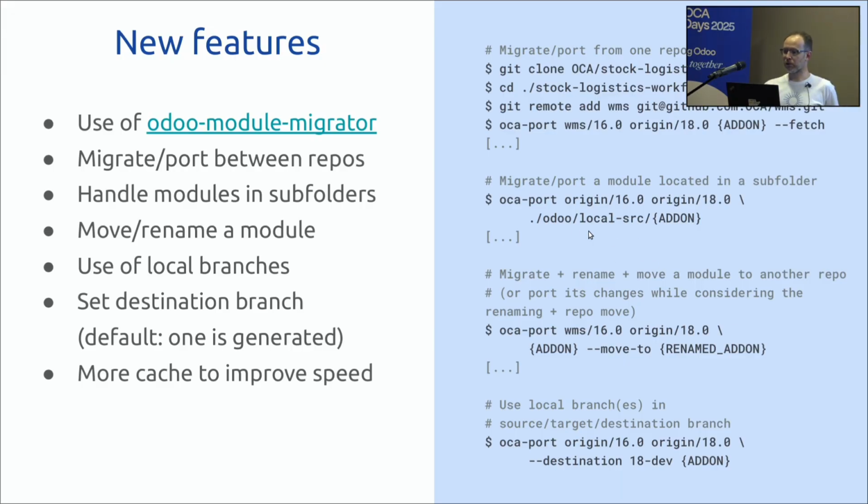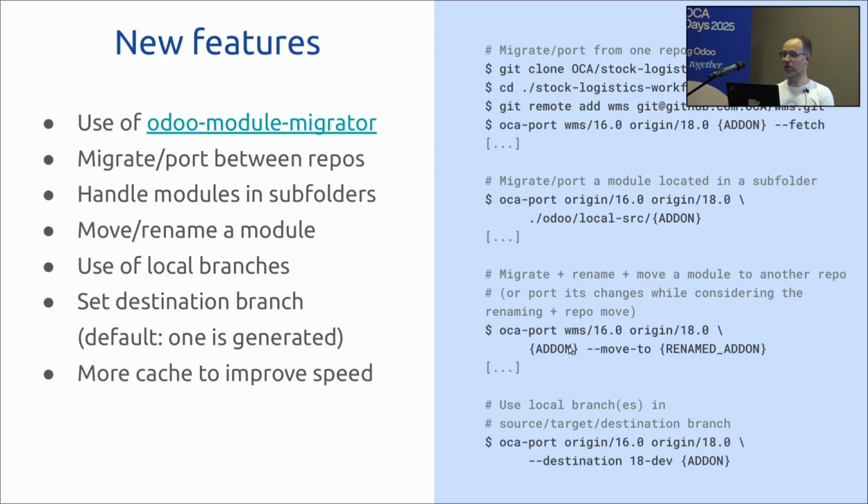We can also do the same comparison if you are running in your own project repository locally and you are not storing your modules in the root folder of this repository, but in subfolders. You can use that path as well. And we can rename a module with the move to parameter.